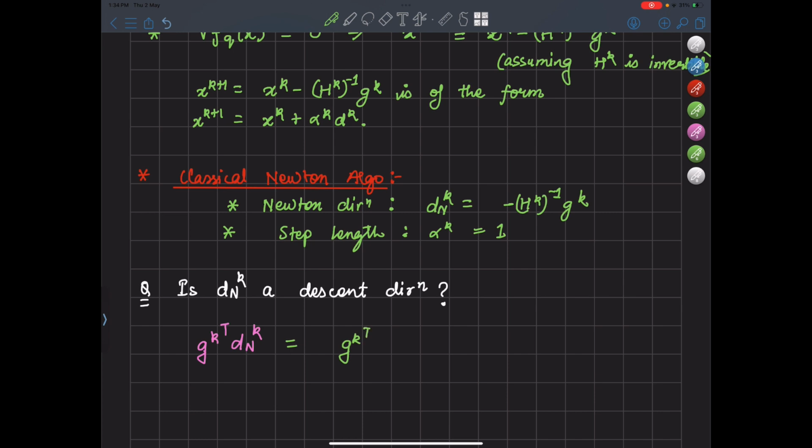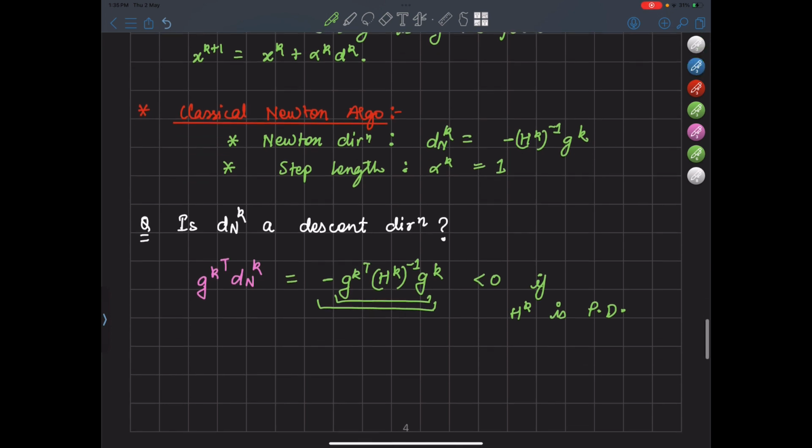Minus gk transpose Hk inverse gk. This is less than 0 if Hk inverse is positive definite, or Hk is positive definite. If Hk is positive definite, Hk inverse is also positive definite, and hence this quantity is greater than 0, and this whole quantity, because it has a negative sign, is less than 0.